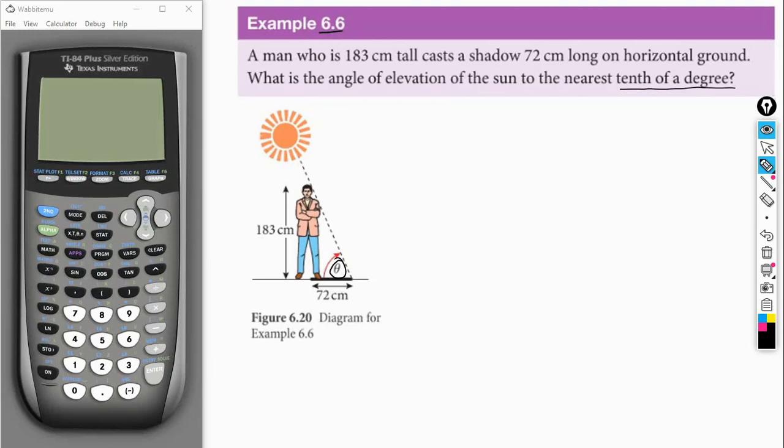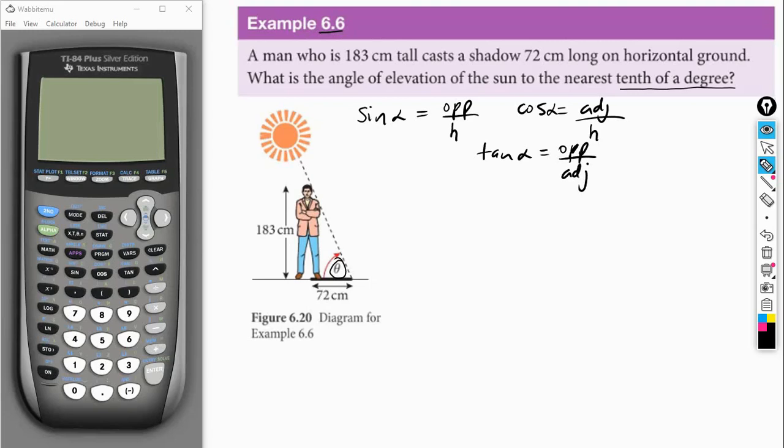Let's recall the trigonometric ratios. So sine of an angle alpha, or x, is equal to the opposite leg divided by the hypotenuse. Cosine of the angle is equal to the adjacent leg over the hypotenuse, and then tangent of an angle in the right angle triangle, of course, is equal to opposite leg over adjacent leg.